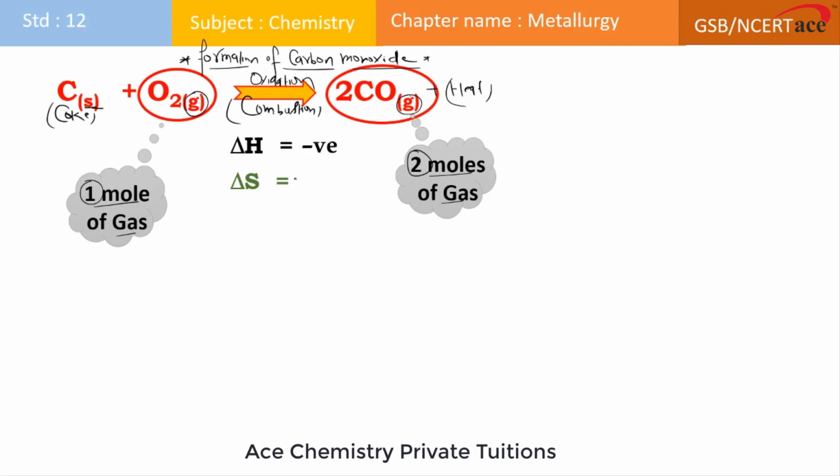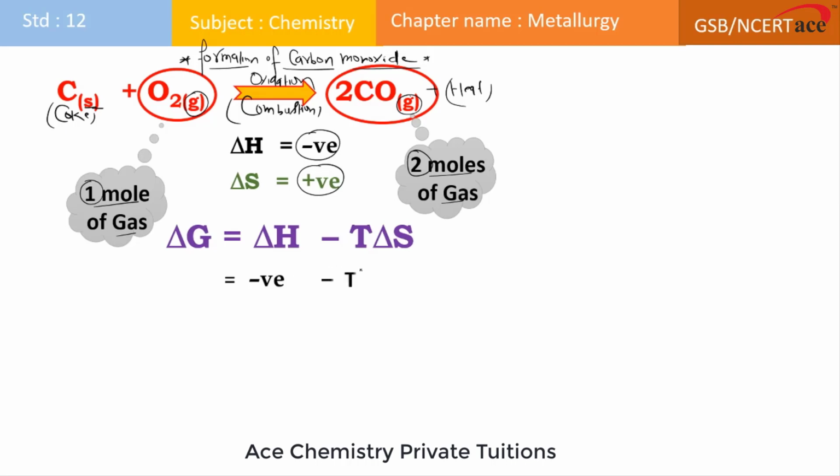So the delta S value should be positive. So in the Gibbs-Helmholtz equation, if I substitute the values of delta H and delta S, delta H will be a negative value and minus T delta S, where delta S has a positive value.